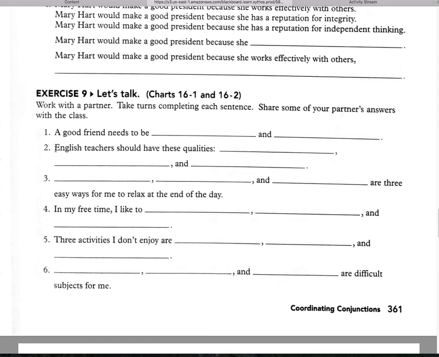Okay, let's look at these. Let's look at number 2 first. English teachers should have these qualities: patience, informative, and knowledgeable. Those are 3 adjectives. Okay? Or what English teachers should have these qualities.